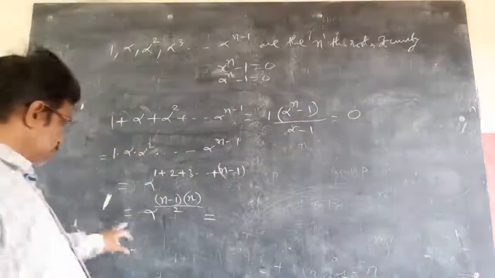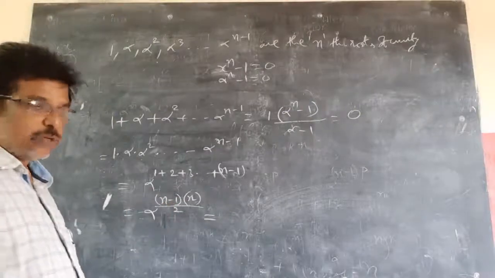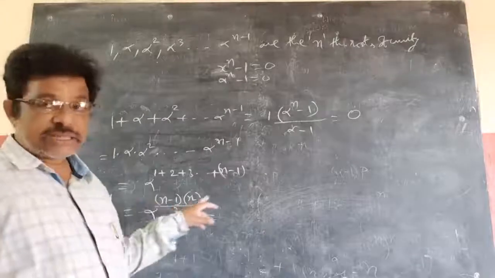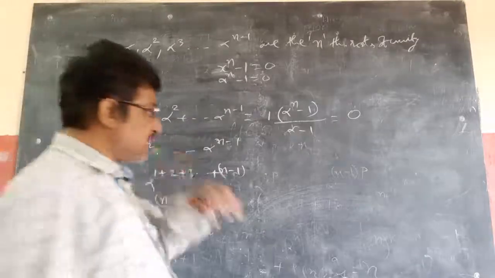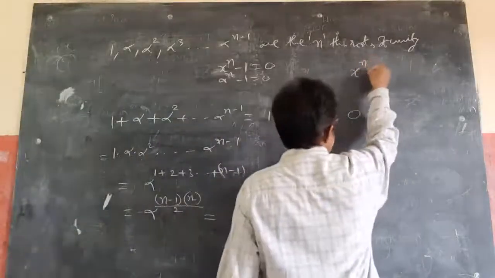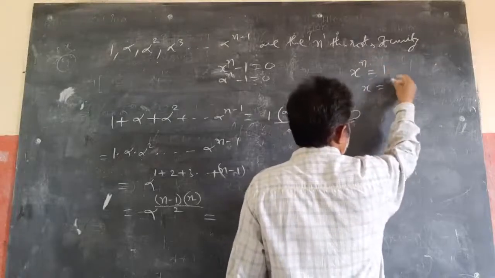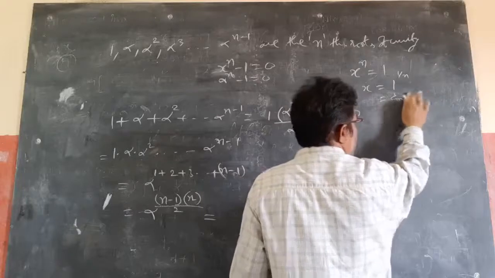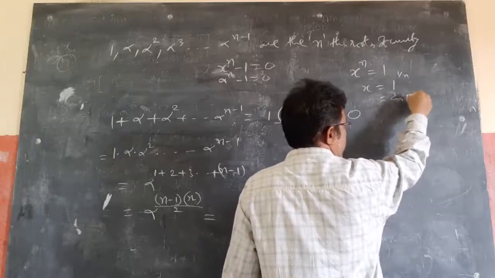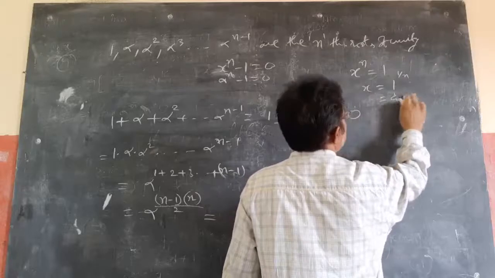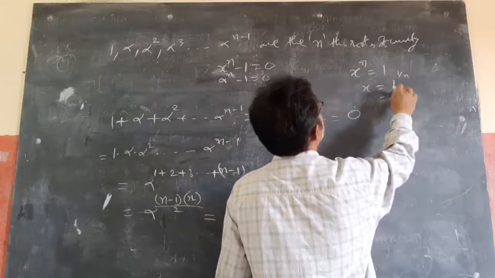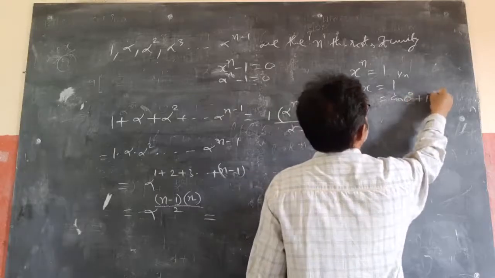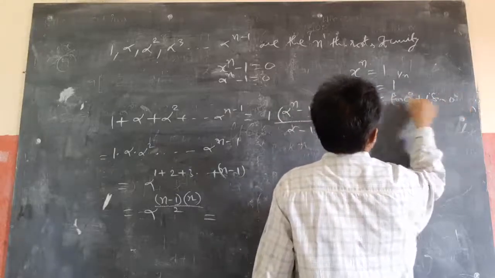Now this is alpha power n into (n minus 1) by 2. How to simplify? Now we know what alpha is: alpha is an nth root of unity. What is the nth root of unity? x power n equal to 1 implies x equal to 1 power 1 by n. 1 is nothing but cos 0 plus i sin 0, so (cos 0 plus i sin 0) whole power 1 by n.